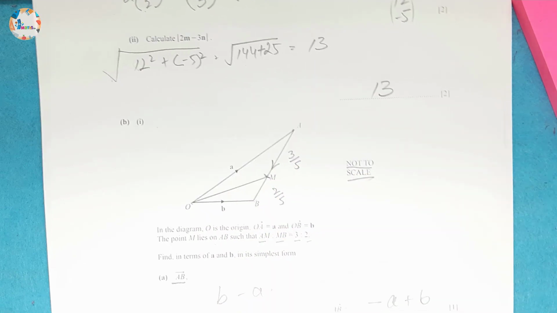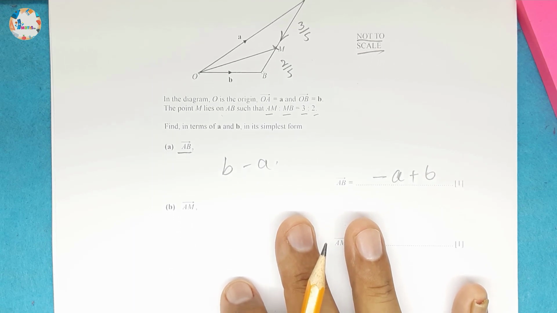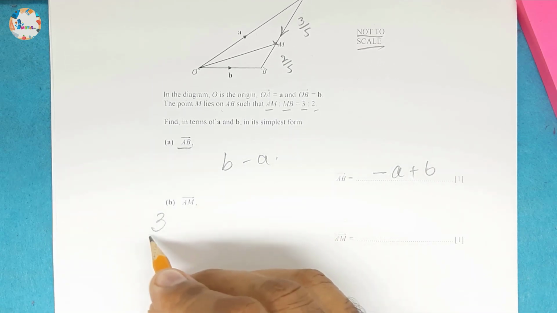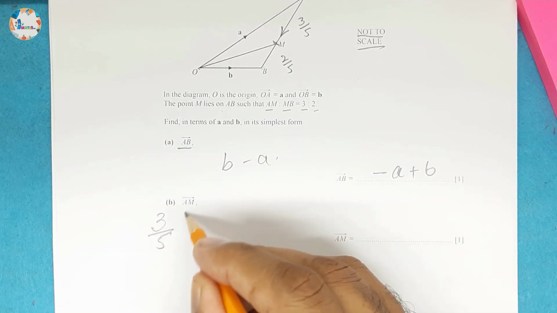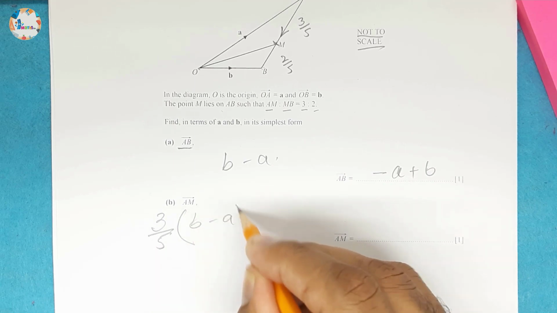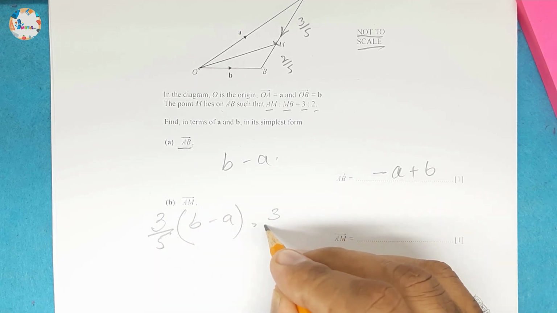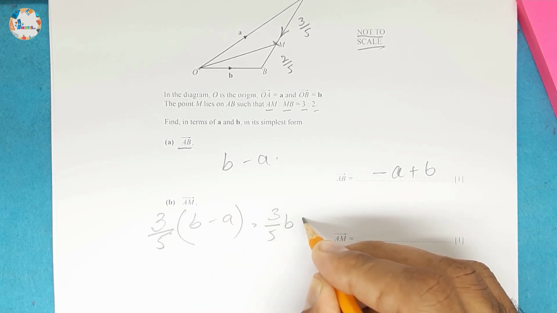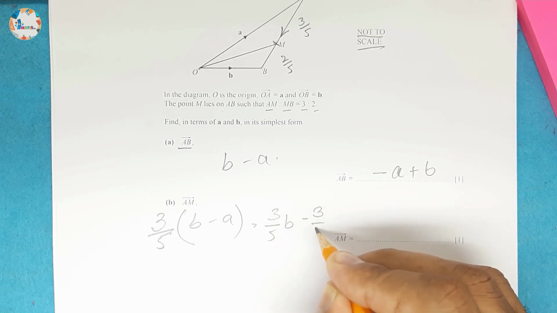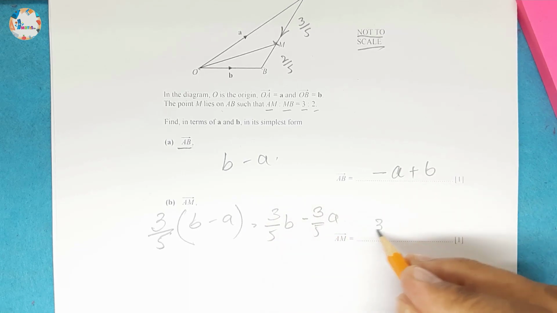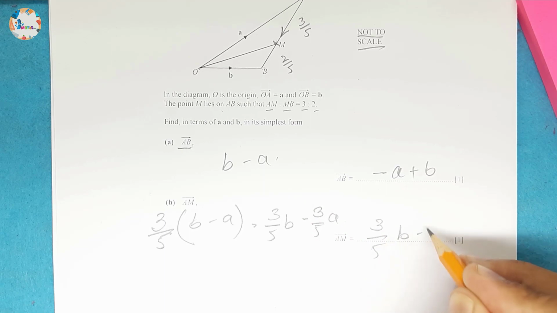So 3/5 of AB, which is b minus a. So we can write this as 3/5 of b and minus 3/5 of a. This will be our answer, 3/5 of b minus 3/5 of a.